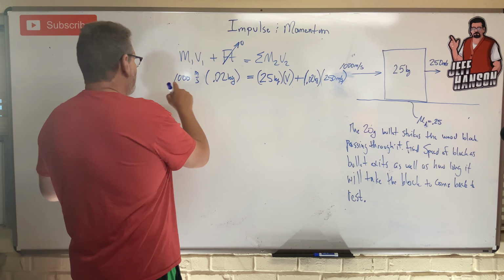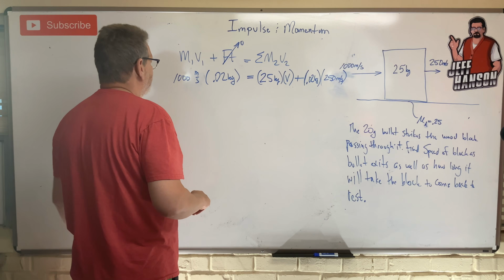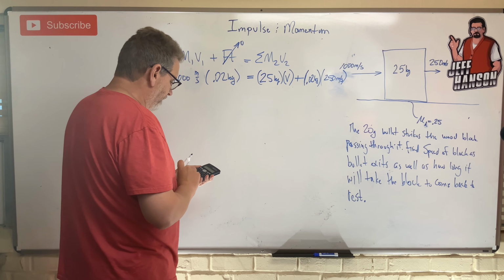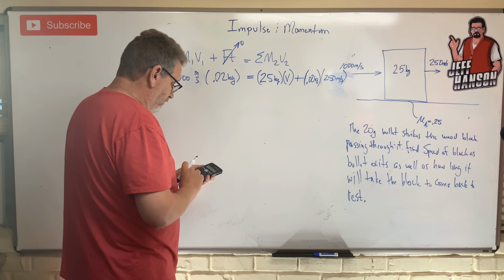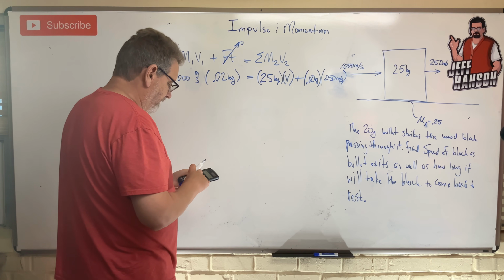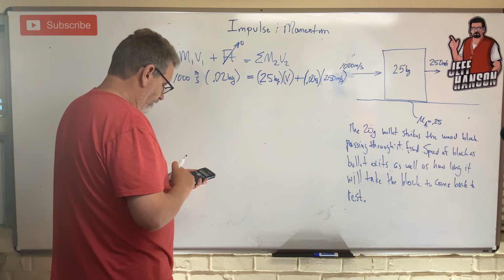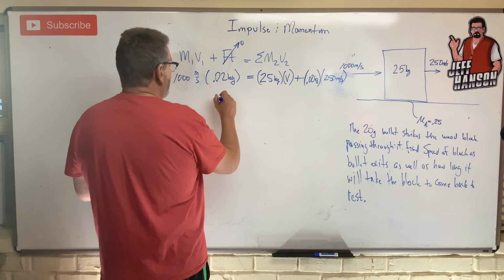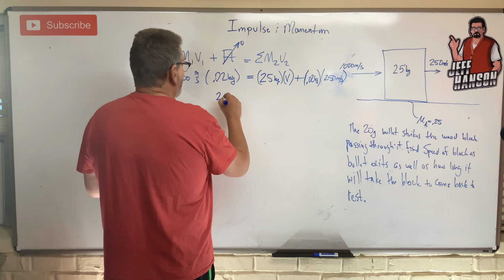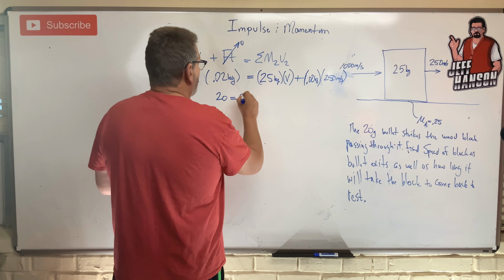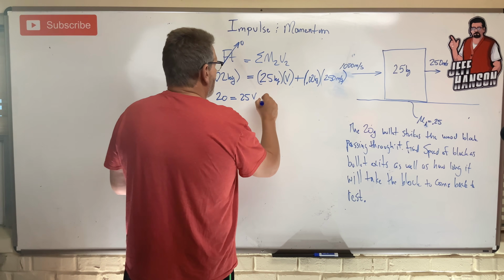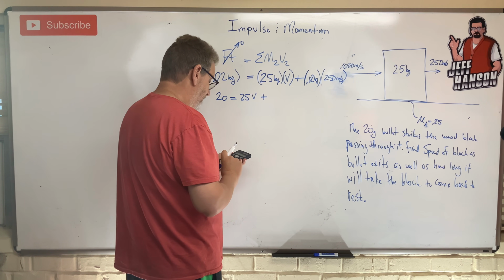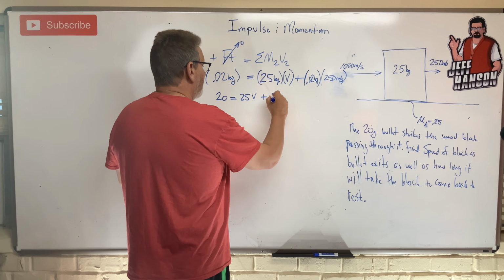So here we go. Let's see, 1,000, where's the calculator? All right, 1,000 times 0.02. Well, it's 20. We knew that already, didn't we? 20 is equal to 25V plus 0.02 times 250 is 5.